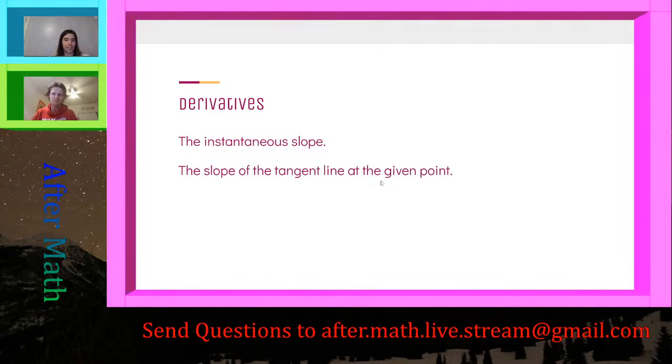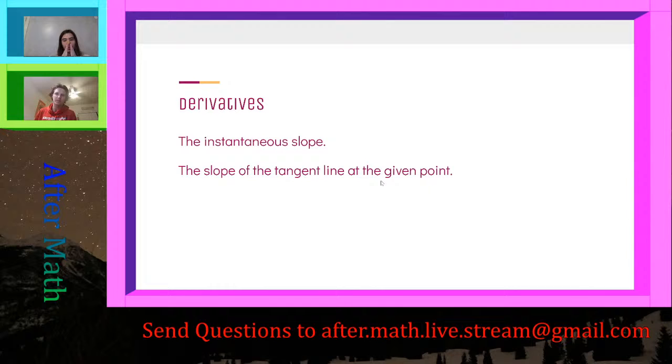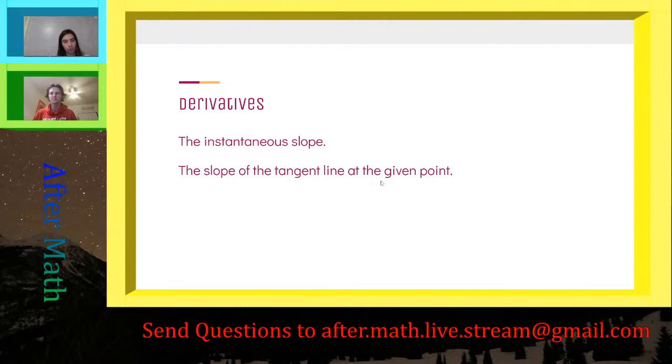So it's essentially, when we take this slope, we're breaking it up into such small, tiny sections that we're getting a little tiny rise over a little tiny run. This little change in y over a little change in x equals the derivative.